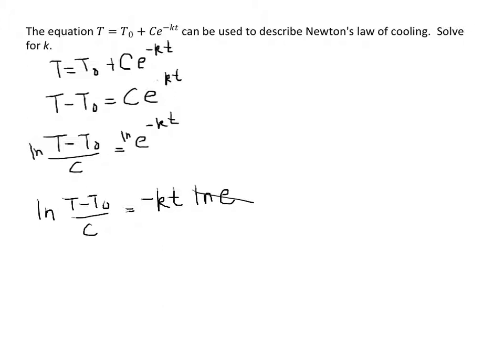So then I will multiply by negative 1 over t. And now I have solved this for k.